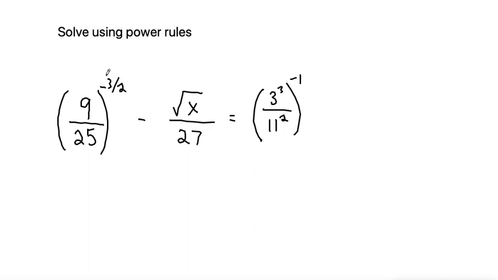First of all, if we ever have a fraction that has a negative exponent, we can use the rule: if you have a over b to the power of negative c, that is equal to, we flip the inside fraction, b over a, and change the sign of the exponent. So it becomes b over a to the power of positive c.